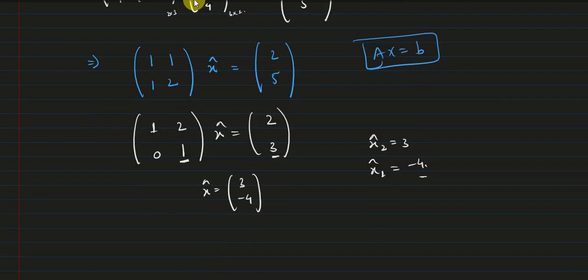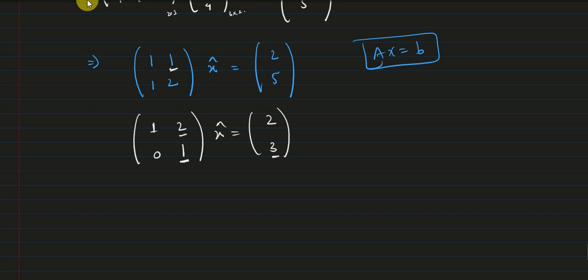Okay, so I have made one mistake here. So here it is 1 1, right? And I wrote 2, so it will be here 1, and if you apply the elimination it will be 0, right? And 2 minus 1 is 1, correct? And 5 minus 2 is 3. So now with back substitution, we will get x hat 2 as 3, and x hat 1 plus 1 times 3 is equals to 2.